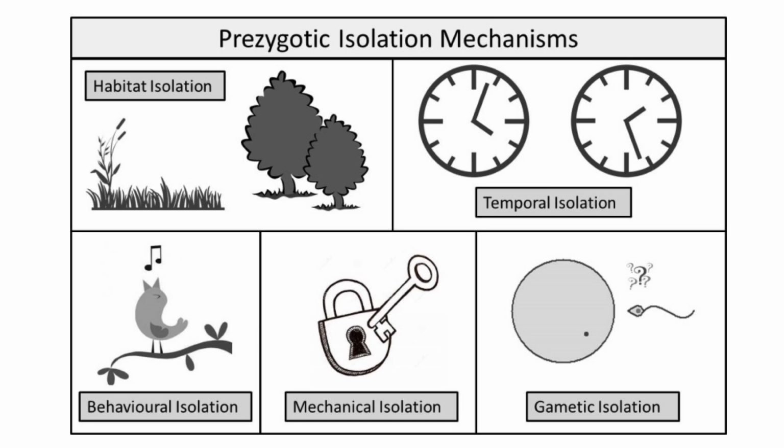So there could be behavioral mechanisms at play that don't allow things to align the way they need to. Mechanical isolation potentially in terms of anatomy. Or gametic isolation, which I think is what the acrosomal biochemical compatibility is referring to.